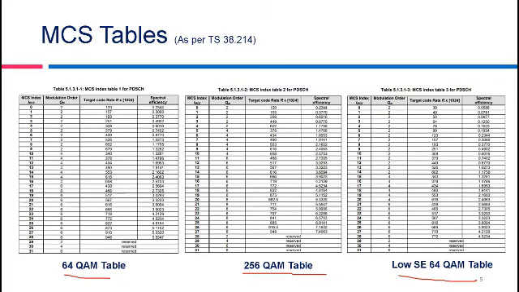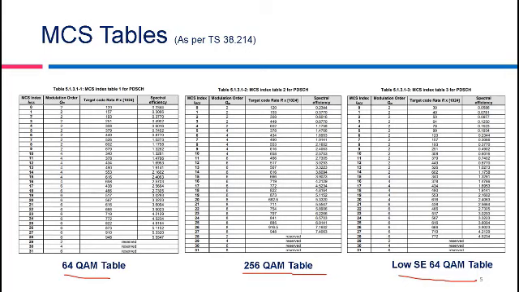At the bottom of each table we have given some name. The very first table is the 64 QAM table, and this is similar to your LTE table. Then the second table is the 256 QAM table, and as per this table, the maximum MCS can go up to 256 QAM with certain code rate. And the third table is for low spectral efficiency.